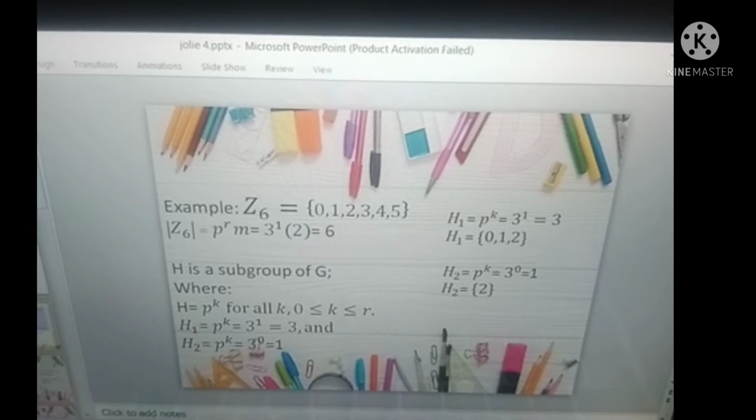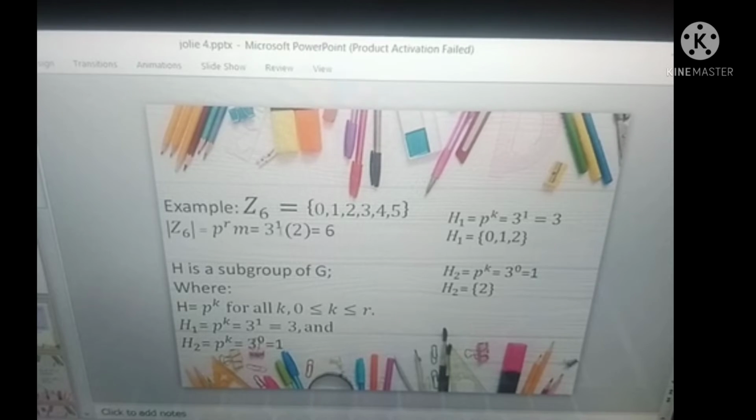Then the theorem says there is a subgroup H of order P to the power of K, for all K greater than or equal to 0 but less than or equal to R. Since in our example R is equal to 1, K can be greater than or equal to 0 but less than or equal to 1.